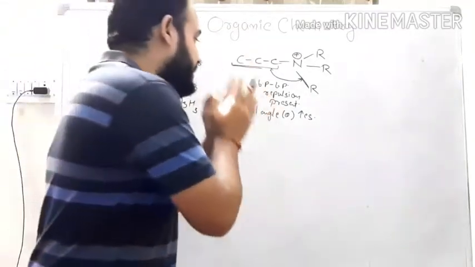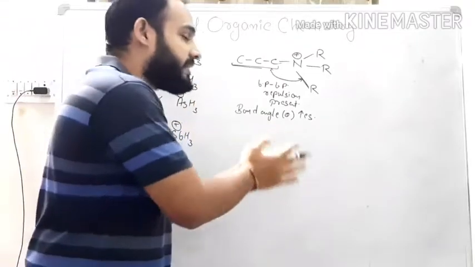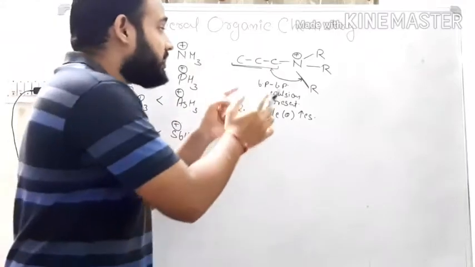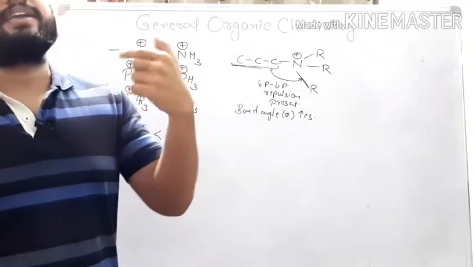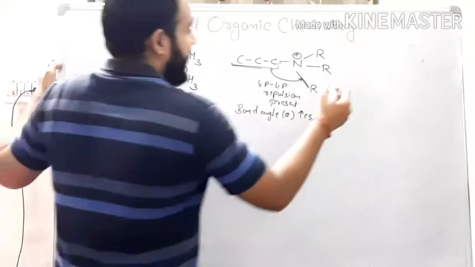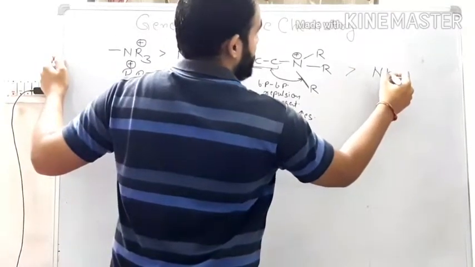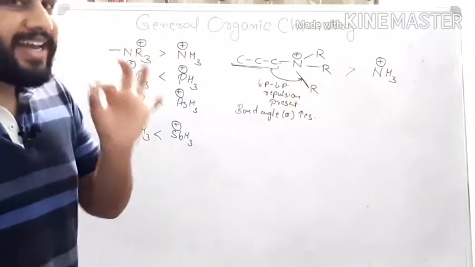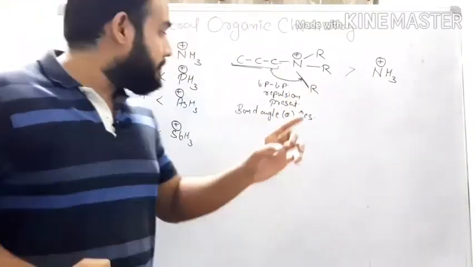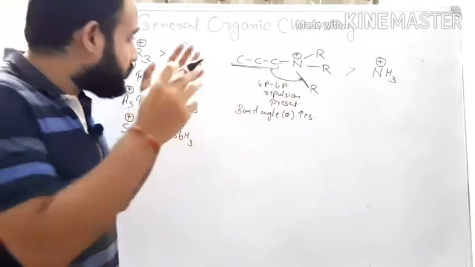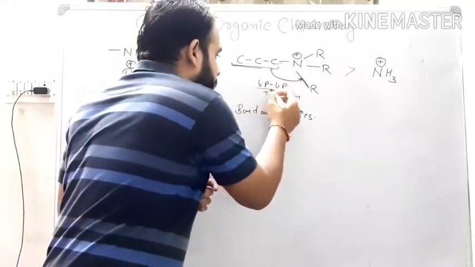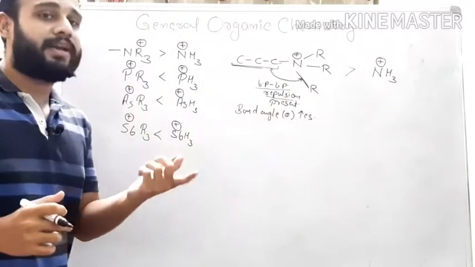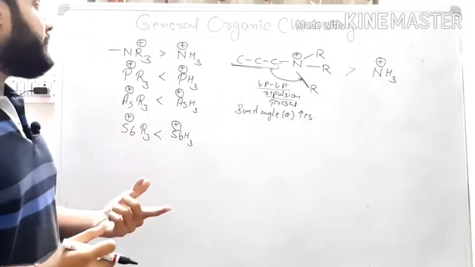So ultimately we can conclude that when bond angle increases, its electronegativity will increase, and because of this factor, its minus I tendency will increase compared to NH3, in which hydrogen is a smaller atom compared to the alkyl group. So this factor, bond pair repulsion, dominates in this compound. That's why NR3 has a higher minus I effect than NH3.